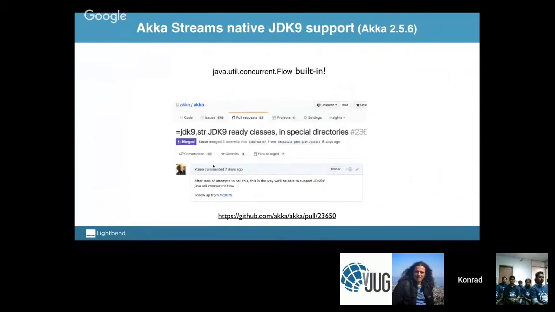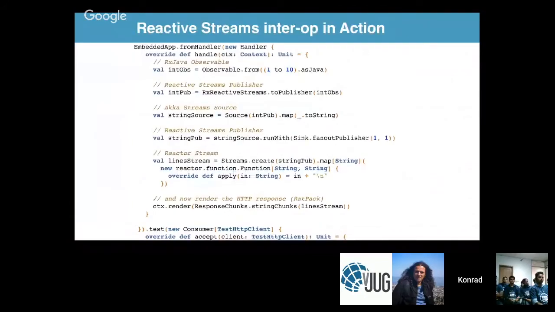So, like I said, we support the JDK types already, so I will try to talk about Flow from now on instead of Reactive Streams, because it's exactly the same thing. And on the interop, this is an example of how libraries can interoperate using that.